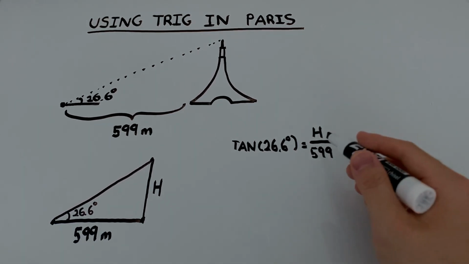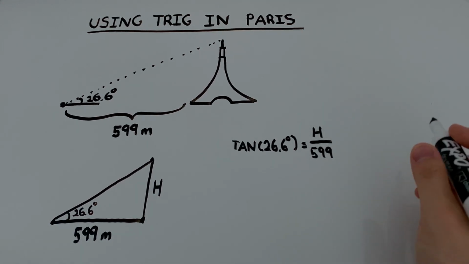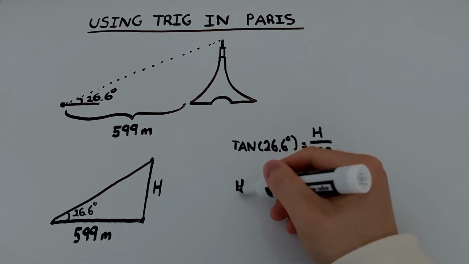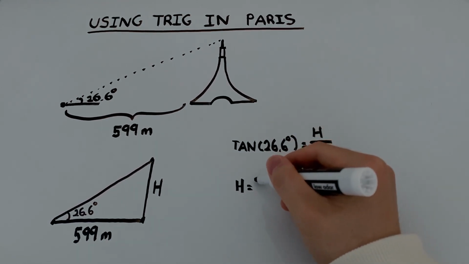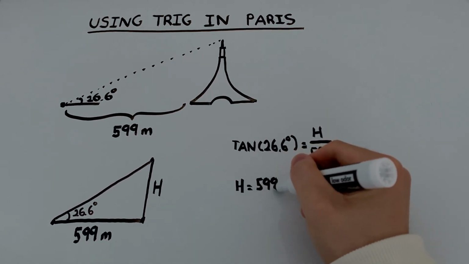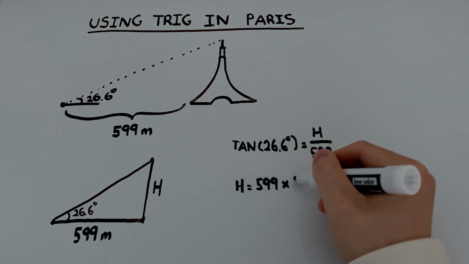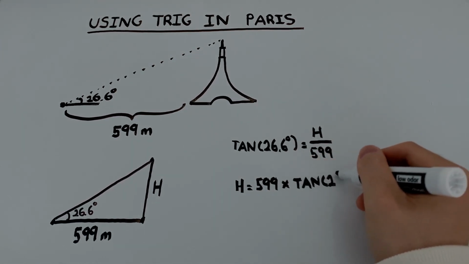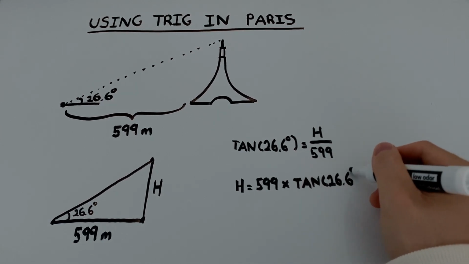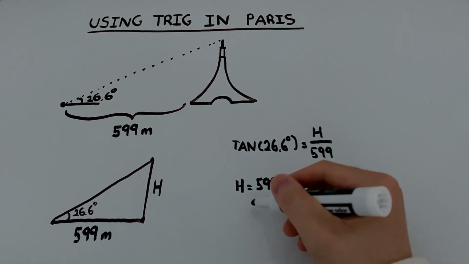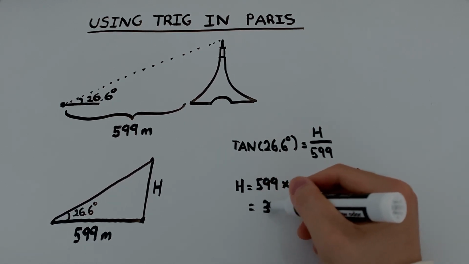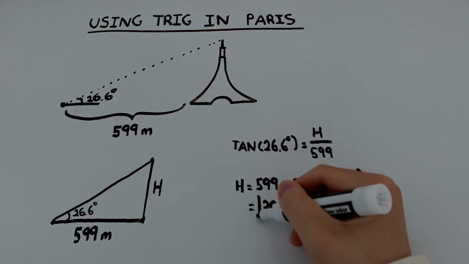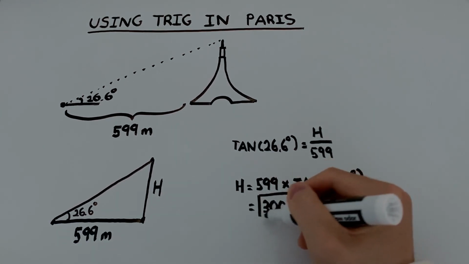And now, to get H, which is what we're trying to find, all we have to do is multiply both sides by 599. And we'll find that the height is equal to 599 times tangent 26.6. And if you put that into your calculator, you'll find that it turns out to be 300 meters. Don't forget your units.